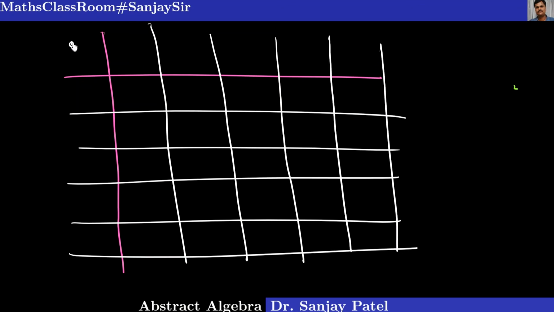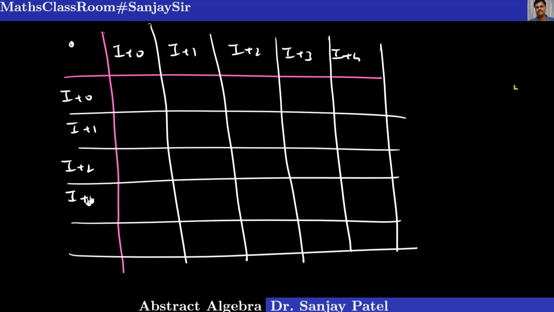So here I am writing the multiplication operation in the ring R mod I, and the elements are written here: I plus 0, I plus 1, I plus 2, I plus 3, I plus 4. Same way here, I plus 0, I plus 1, I plus 2, I plus 3 and I plus 4. Okay. Let us multiply these two.